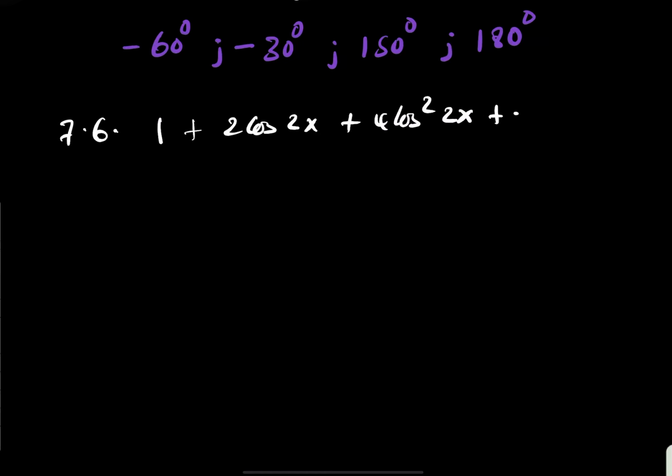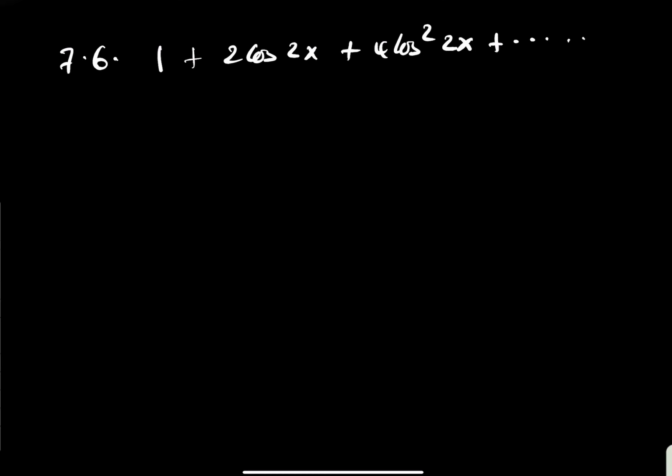But it's a geometric series. Okay, so what do you know about geometric series? What we know is that a series will converge if our r is between -1 and +1. Think about it. If you have 1 plus 3 plus 9 plus, that's a geometric series.